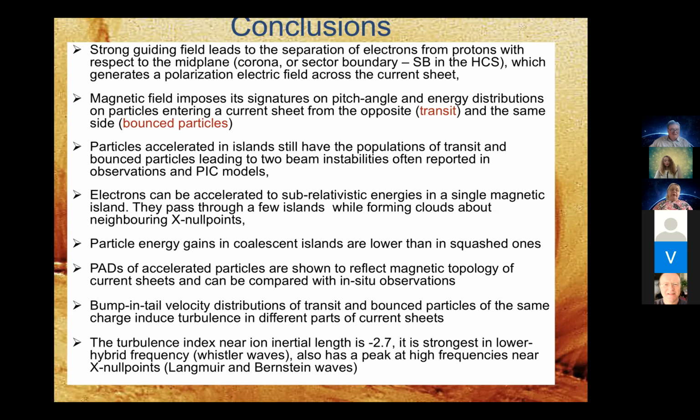And what we see is that even turbulence, which is generated inside the current sheet, basically is imposed by the topology and reconnection electric field, which accelerate particles to a particular configuration and produce the turbulence we observe.